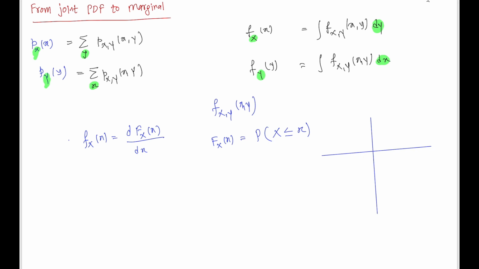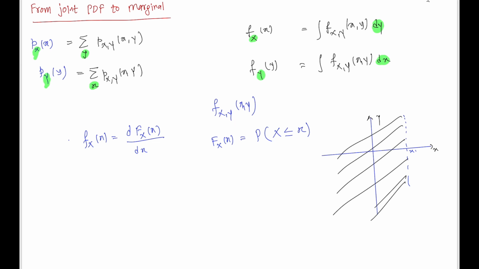So let's suppose this is x and this is y. The random variable x can take values, and the random variable y can take values. We are interested in finding the probability of the region such that the random variable is less than some little x. So basically we are interested in the probability of this region.